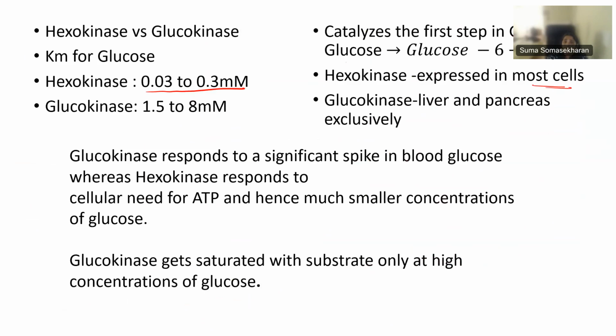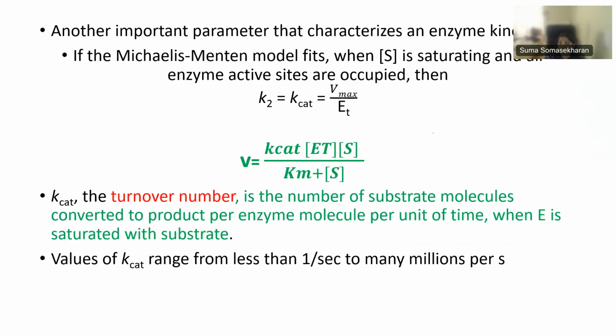The liver only uses glucokinase for glycolysis when there's a spike in blood glucose, whereas hexokinase has to respond very rapidly to cellular need for ATP and is much more sensitive to substrate concentration, so it has to trigger the conversion of glucose to glucose 6-phosphate at very low concentrations of glucose, and therefore it has a much lower Km than glucokinase.